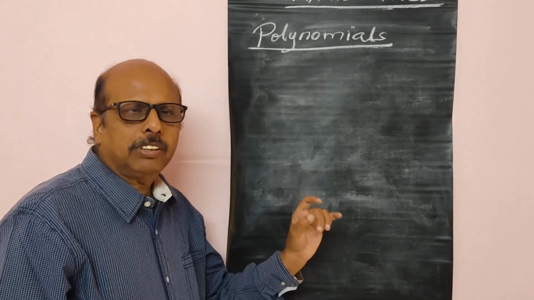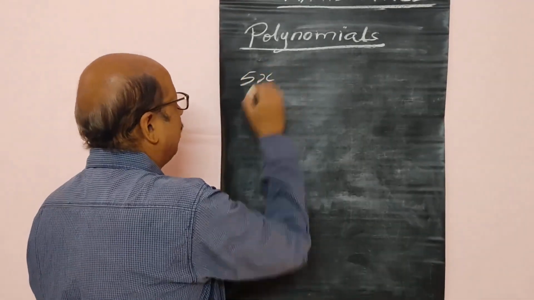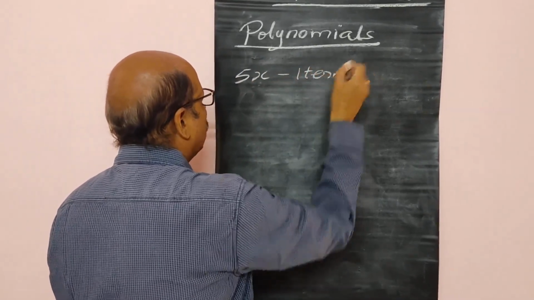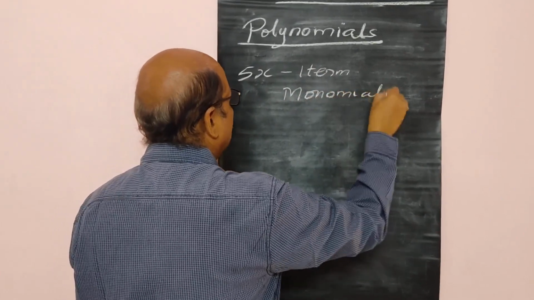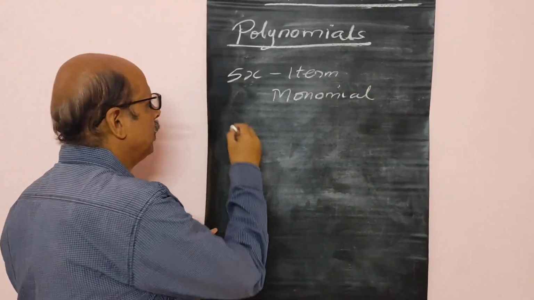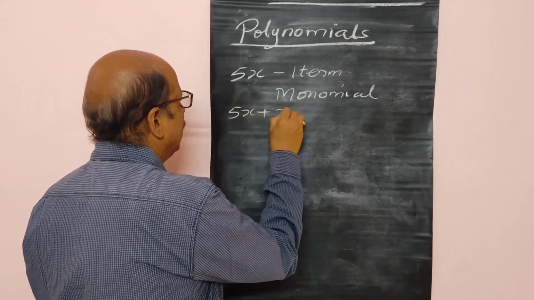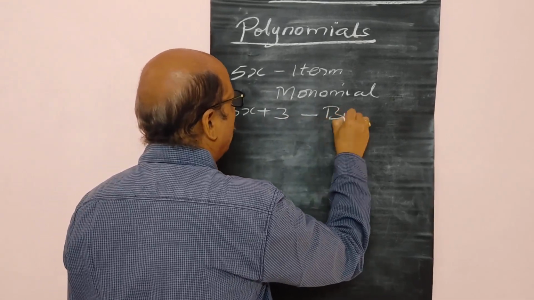An expression which has only one term, say 5x, we call a monomial. If the expression has two terms, 5x plus 3, it is called a binomial.